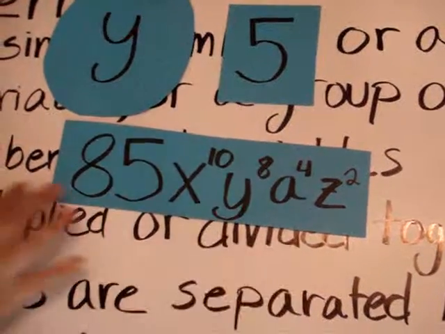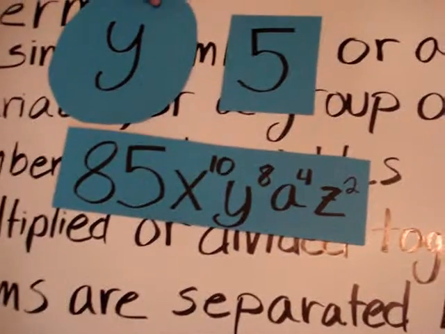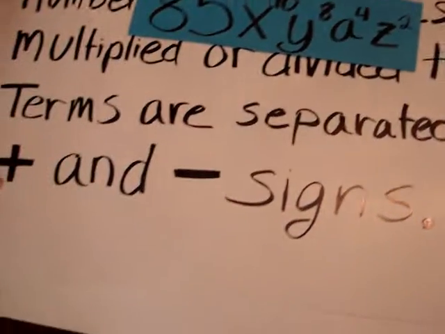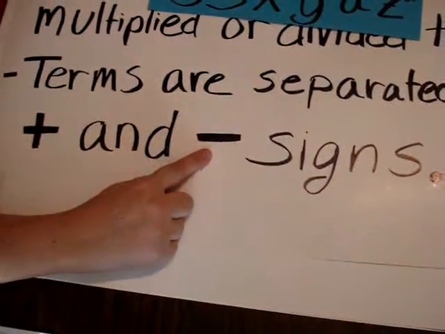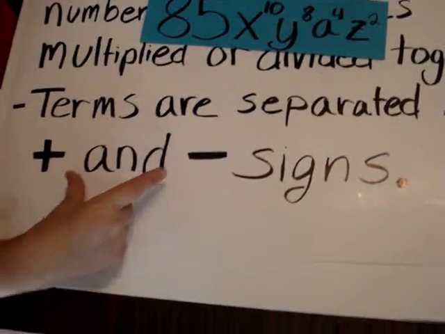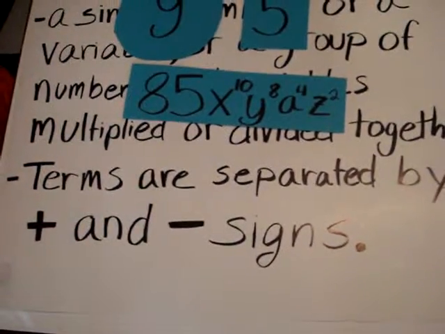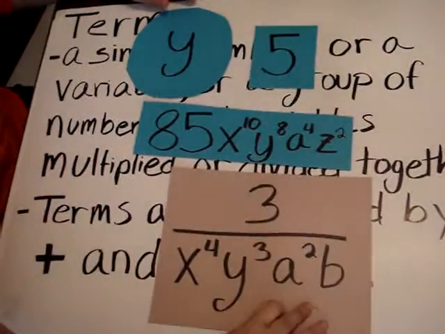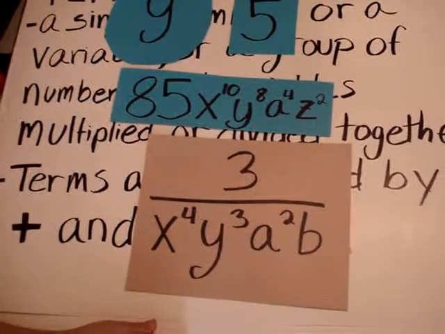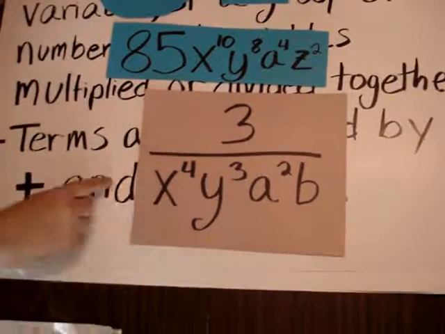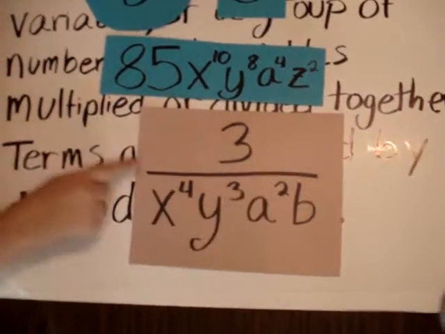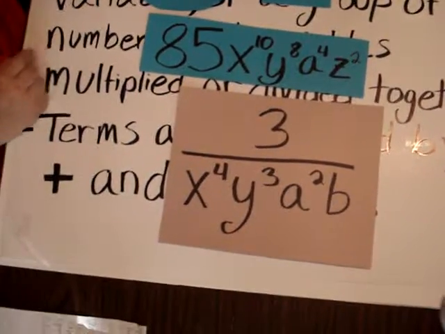Numbers, variables, all multiplied together. But you know what you don't see? Addition and subtraction signs, because those would indicate separate terms. This also is a single term, because all you see here is multiplication and division, not addition and subtraction.